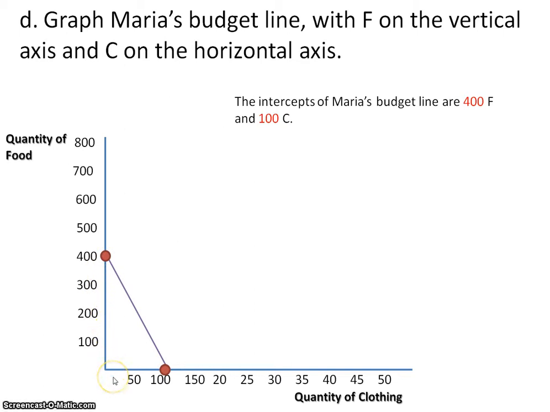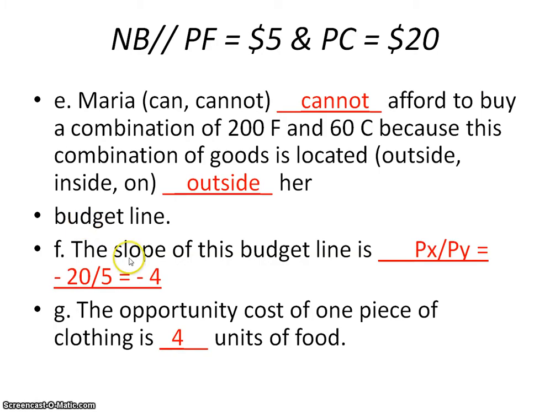Given that we have a slope of -4, each time we increase consumption of clothing by 1 unit, we sacrifice 4 units of food. So the opportunity cost of 1 piece of clothing is 4 units of food. That's how we work that out.